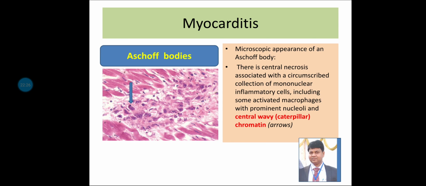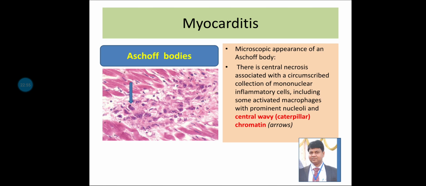In the myocardium, you can see the important lesion, that is the Aschoff bodies. These Aschoff bodies are basically granulomas. They are located near the perivascular region in the myocardium, and they have a central necrosis with a zone of mononuclear inflammatory cells, which mainly consist of lymphocytes and macrophages.